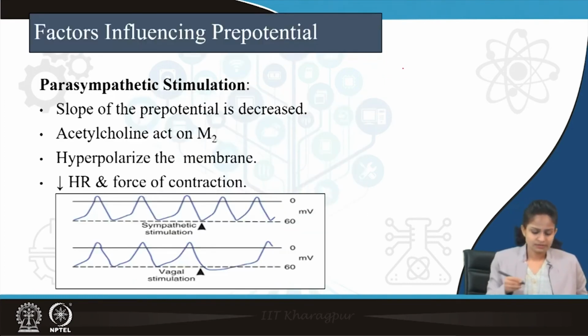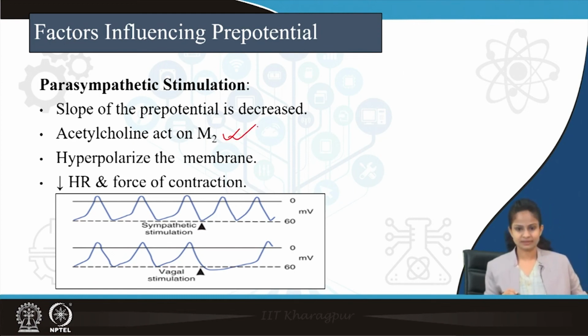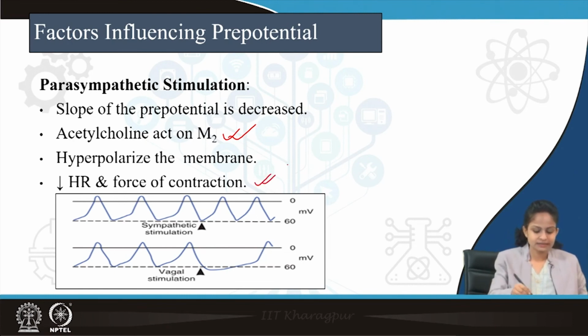So, these are the factors influencing the pre-potential. In parasympathetic stimulation, the slope gets decreased because of the activation of acetylcholine on the M2 receptors, which causes hyperpolarization of the membrane. That means more negativity of the membrane occurs, and hence there is a decrease in the heart rate and the force of contraction. The mechanism of action is just the opposite of the beta agonist activity.